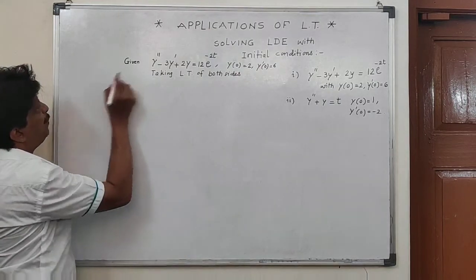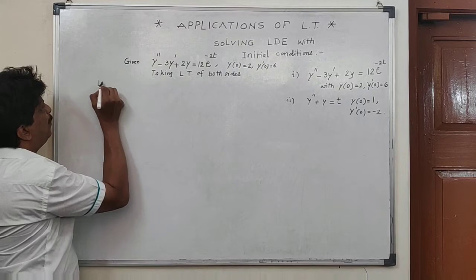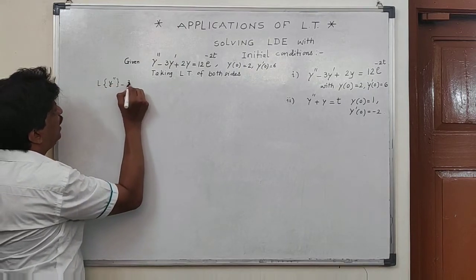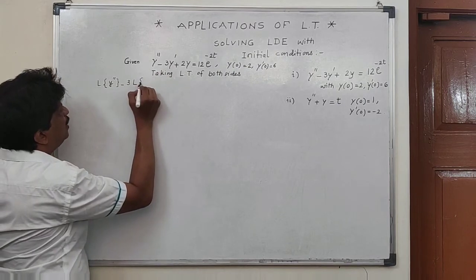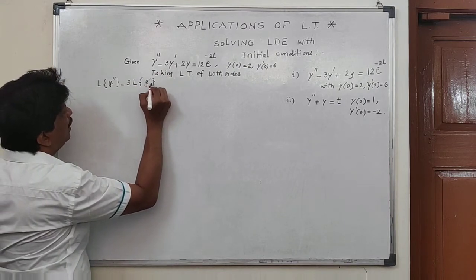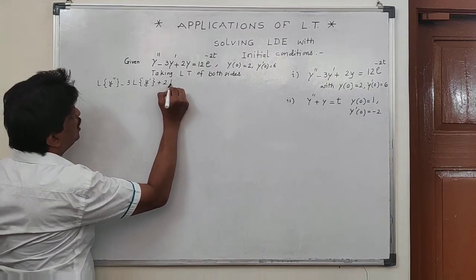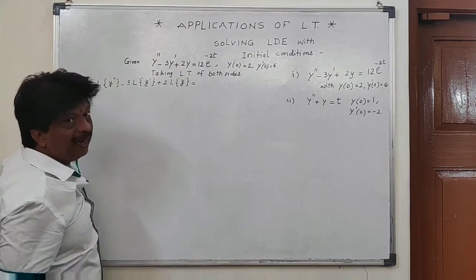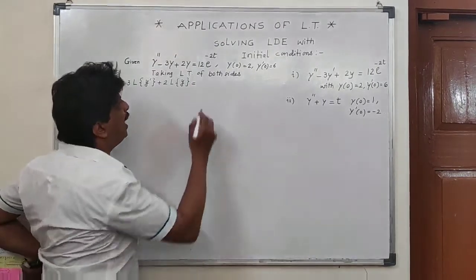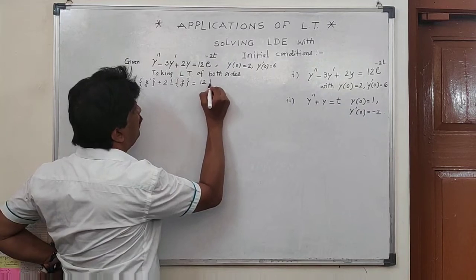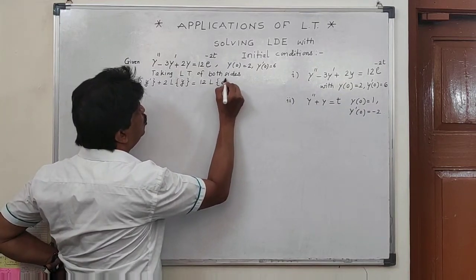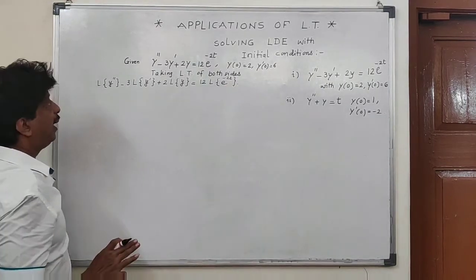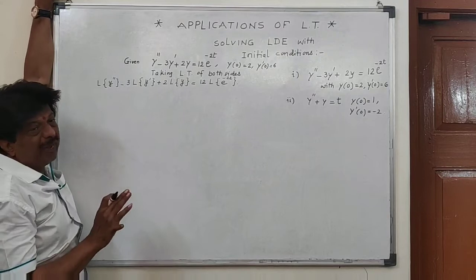Laplace transform of the first term, Laplace transform of y double dash, minus 3 times Laplace transform of y dash, plus 2 times Laplace transform of y of t. Since we took the left hand side, it is necessary to take the right hand side too: 12 times Laplace transform of e raised to power minus 2t. The Laplace transform formulae of the derivatives must be remembered.